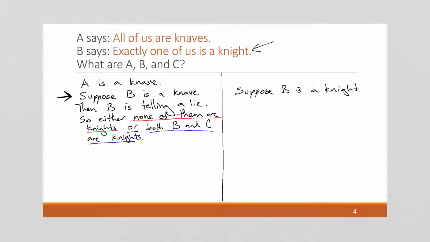The problem with the first part is that if none of them are knights, and we know that A is a knave, A would have been telling the truth. But we know A is a knave, so that's not possible.